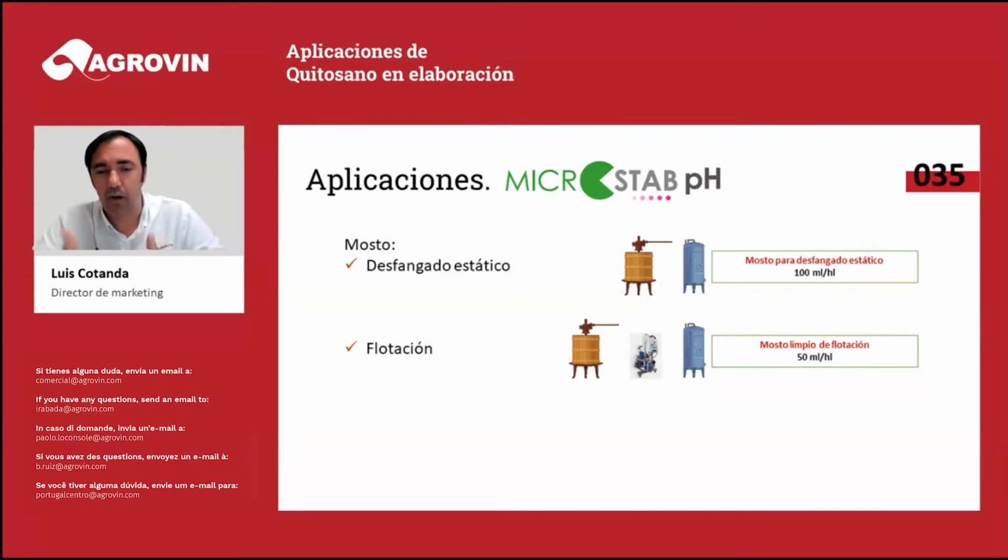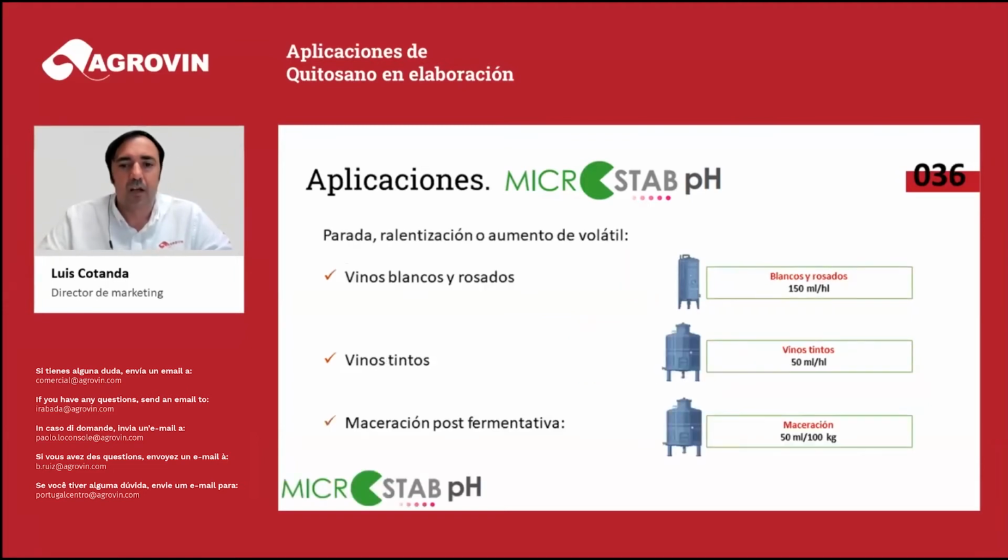But in the cases of active or dynamic debourbage or settling, notwithstanding the system, the dose can be a bit lower because we know that the flotation is going to reduce the biological load. So in the first case, it would be 100 milliliters per hectoliter, and in the second case, the flotation case, it would be 50 milliliters per hectoliter.